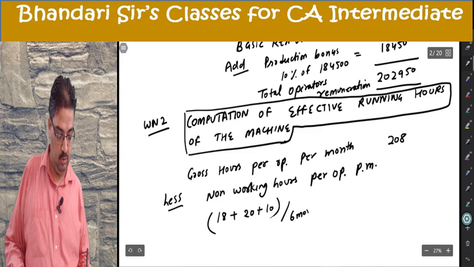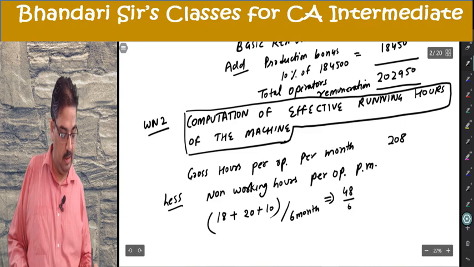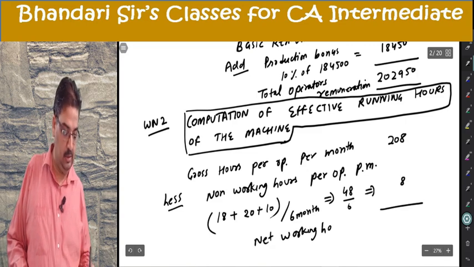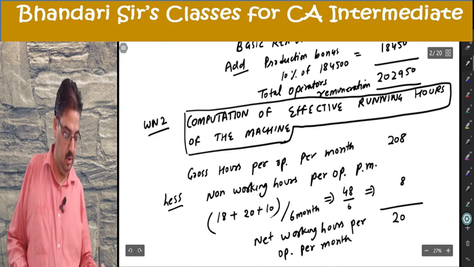This becomes 48 divided by 6, 8 hours. Net working hours per operator per month, 200.